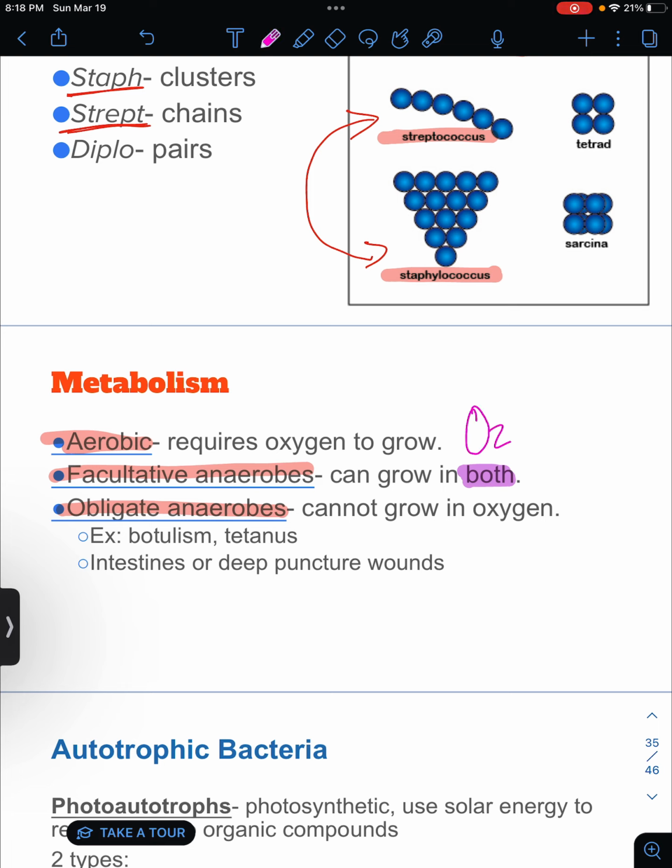They need O2. Those can do both, and those can do no oxygen, okay? Some examples of obligate anaerobes are botulism and tetanus, bacteria that grow in your intestines or in deep puncture wounds.